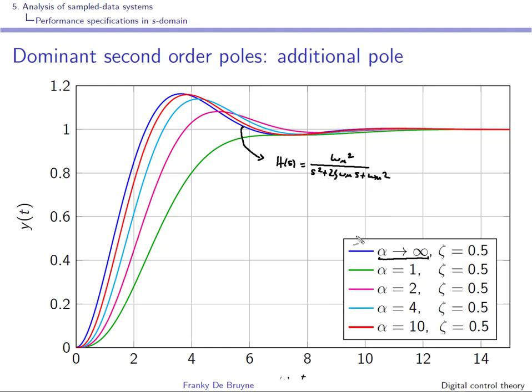If alpha is large, the effect on the step response is rather small, and when the modulus starts to decrease, the effect on the response becomes larger. The system here in green corresponds to the situation that I have depicted in the previous slide, and it has a much slower response. As we have said before, the rise time has increased quite dramatically.